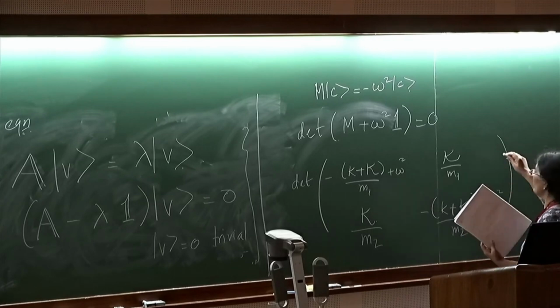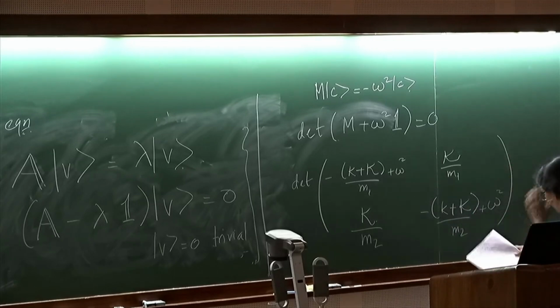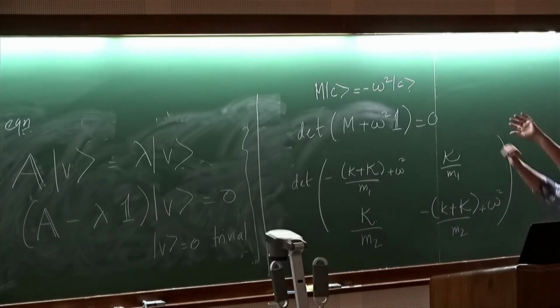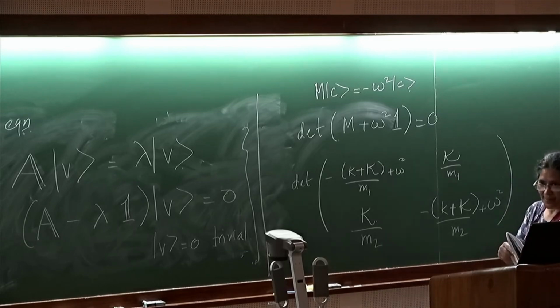So the determinant of this thing is equal to 0. I suppose many of you know how to compute the determinant. So what would be the determinant of this matrix? If you take a matrix A, B, C, D, then that's right.